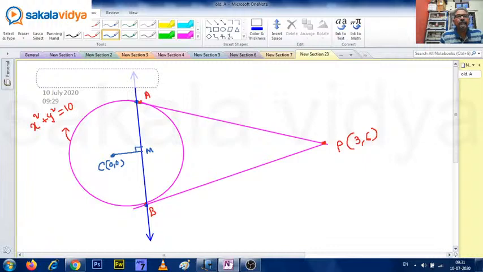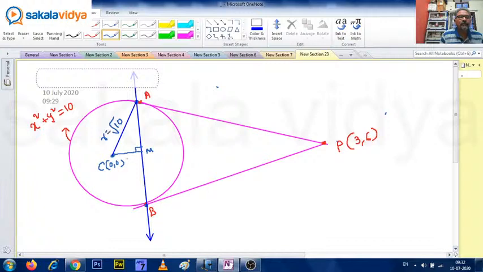Join this one. This is the radius, root 10.